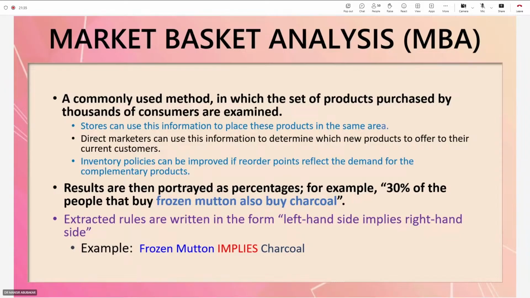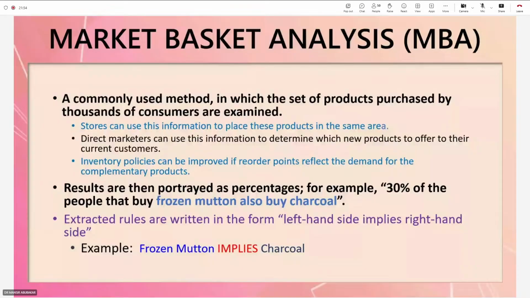So stores can use this information to place products in the same area. As I said earlier, maybe in the first place, bread and milk are kept on different shelves in the supermarket. So when you go to the shop, you buy bread and you buy milk, and maybe they are separated in different places.